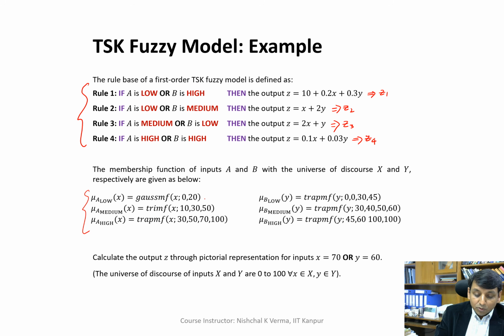Mu A low is Gaussian, mu A medium is triangular, mu A high is trapezoidal.